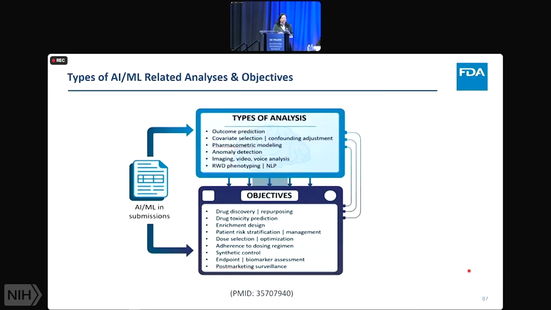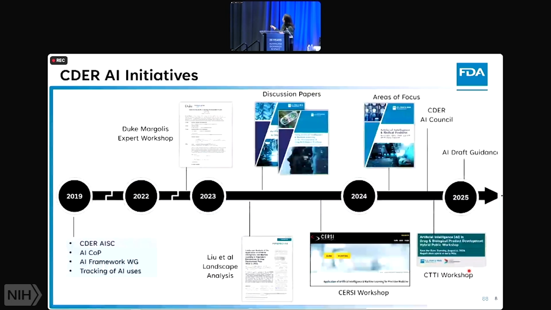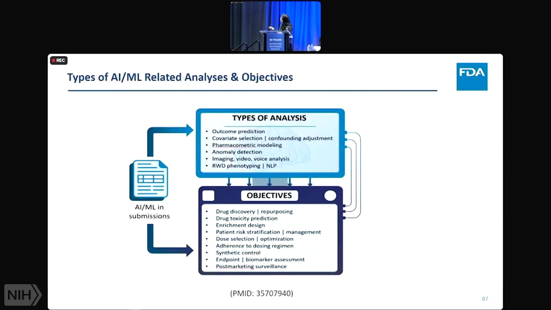And in this landscape analysis, we also summarized the why and how the AI application was used in drug development. The box on the top shows the type of analysis in those AI applications. I'm not going to go through everything, but I want to show you that, sorry, I have to go back. Imaging AI was frequently used for imaging data analysis.